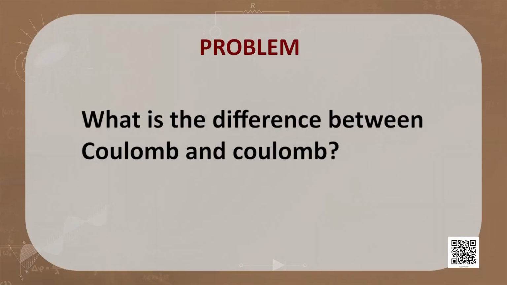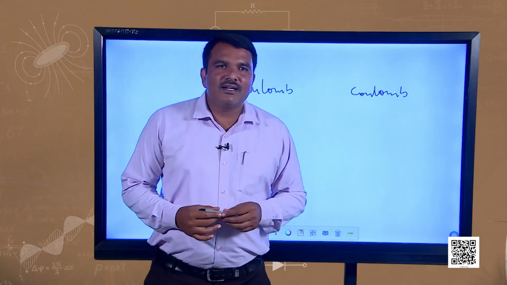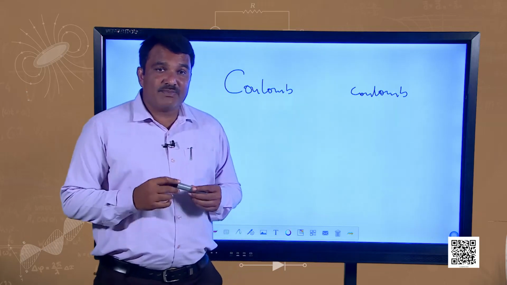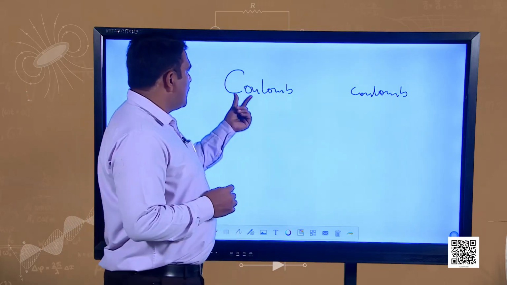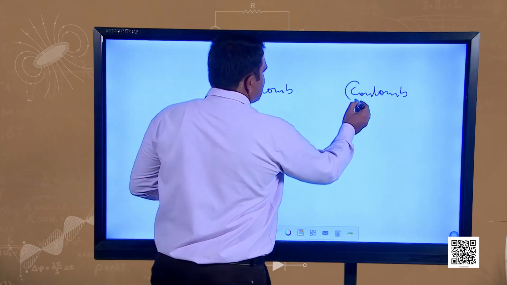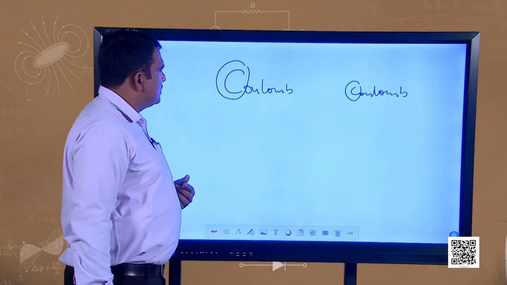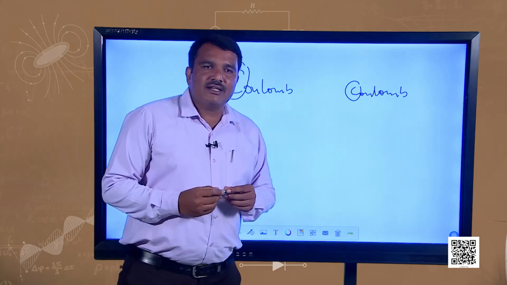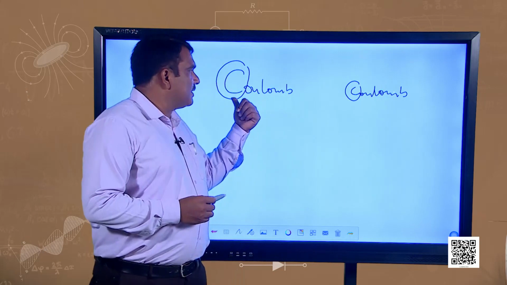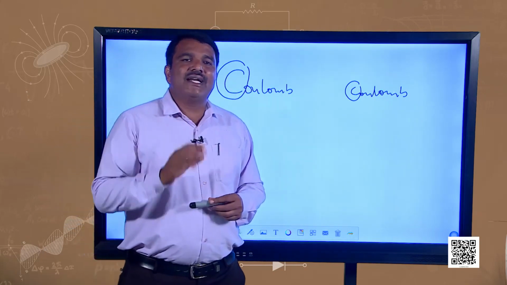What is the difference between these two? Both are Coulomb, but do you find any difference between them? In this Coulomb, first letter is capital letter, and in this one first letter is small letter. So whenever first letter is capital, it refers to the name of a scientist.